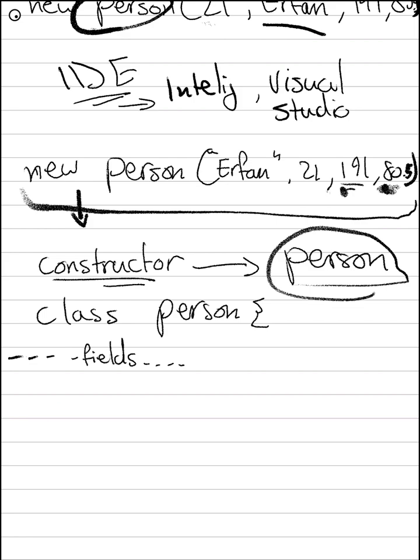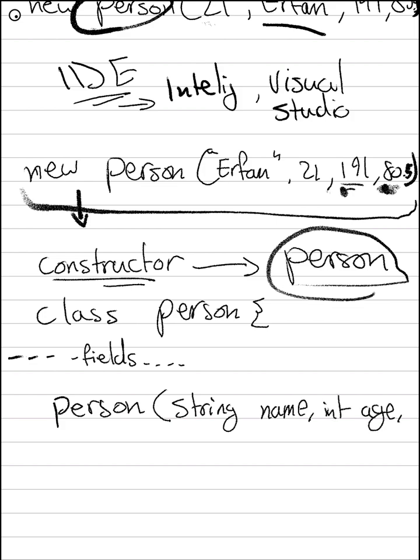Then we're going to add the constructor, which is we start with the class name, person, and then we write all the things that it expects, those parameters it expects. So it'll expect a name, it expects an age, it will expect weight, and it will also expect a height.